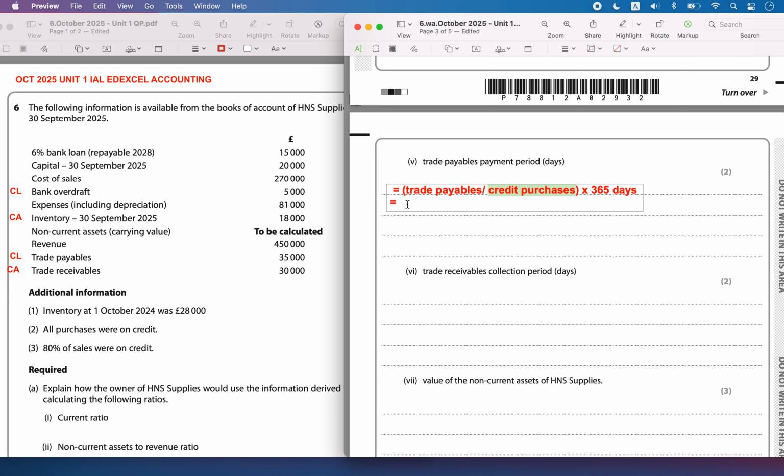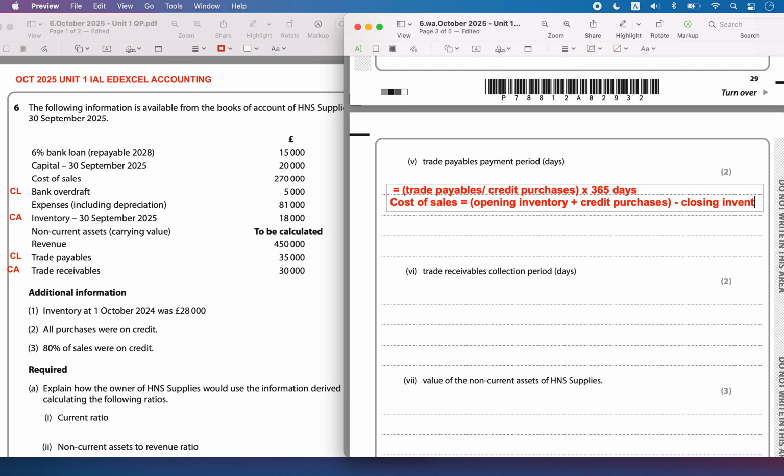What is the credit purchase? Credit purchases we have to calculate. So let's first calculate the credit purchases. We know that the cost of sales is always equal to opening inventory plus any purchases we do minus the closing inventory.